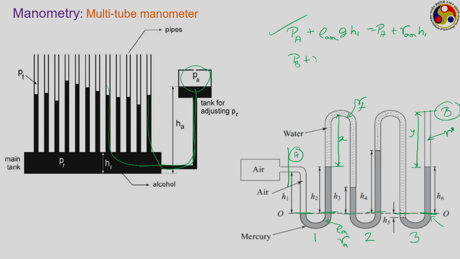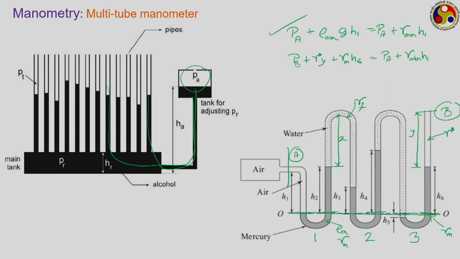So Pb plus gamma star into y plus, if this fluid has gamma m, the same manometric fluid, gamma m into H6. Now, this has to be equal to the earlier value, gamma air into H1, because this is the same line that we are talking about.